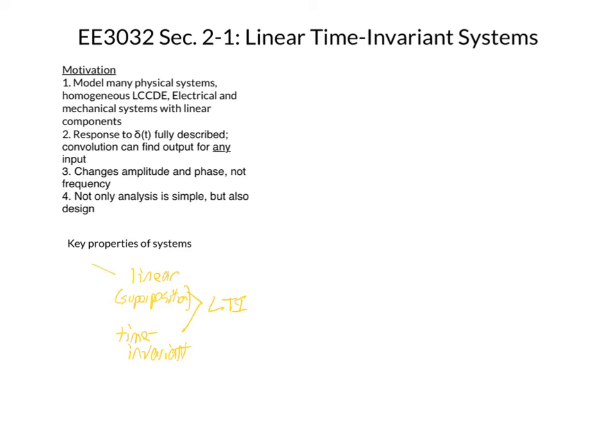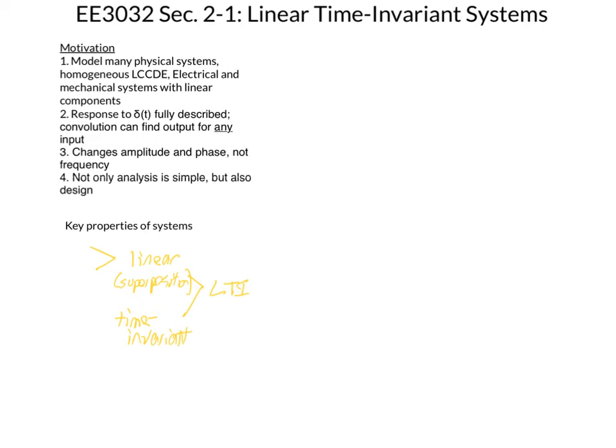Being linear has two properties that build to make it: whether the system is scalable and whether the system is additive. So we're going to look at what each of these properties means, how we can test a system to see whether it has them, and then we'll do some more detailed analysis examples.